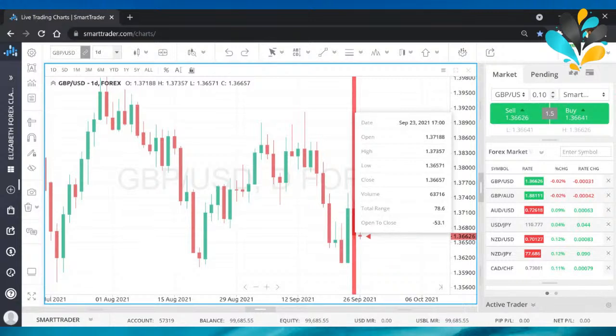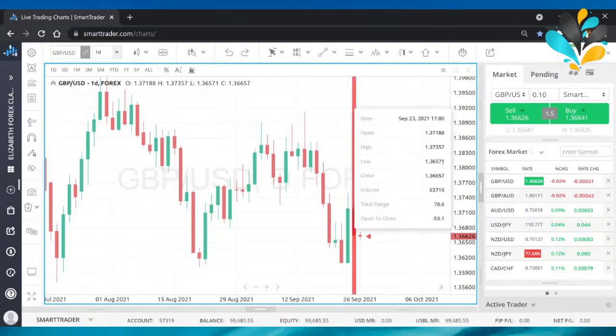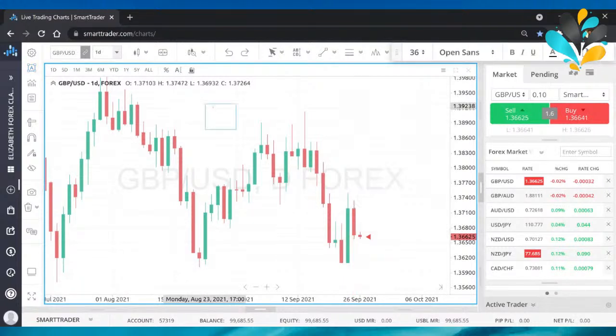And whenever you're trading at a certain lot size, you have a certain dollar value per pip. So in this market, we're just going to do a little bit of math.